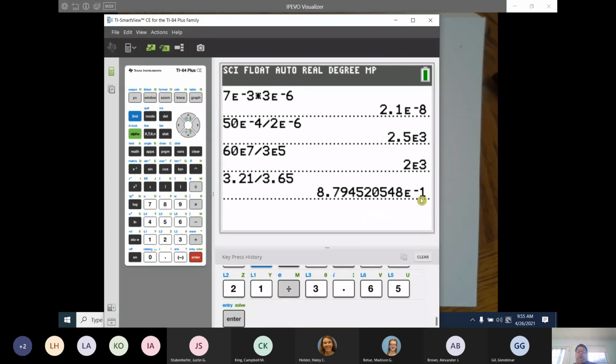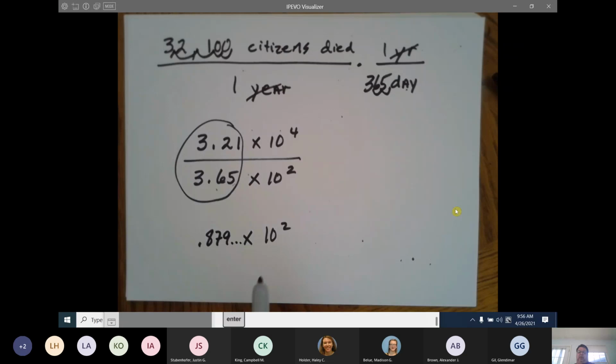And that'd actually be 8.79 really, but they want you to move it, 0.879, blah, blah, blah, and put dots right there. But that's not the scientific notation, is it?